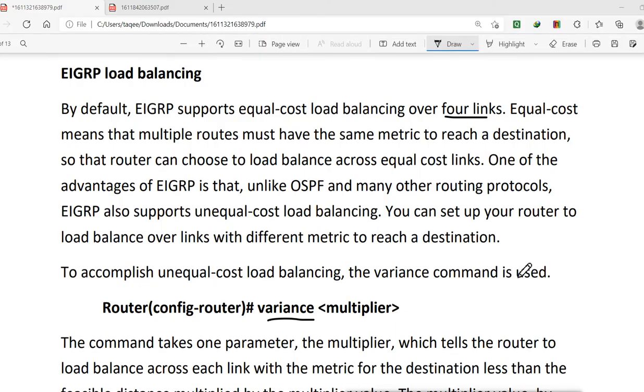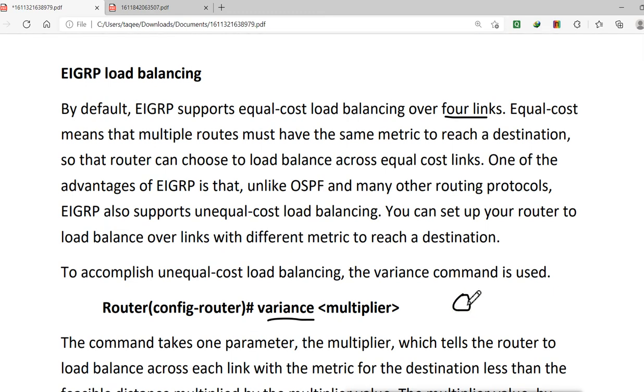That means if you have multiple paths to reach a destination, for example we have this router here, and we have this router here, and we have this network which is connected here, and we have one network connected here.